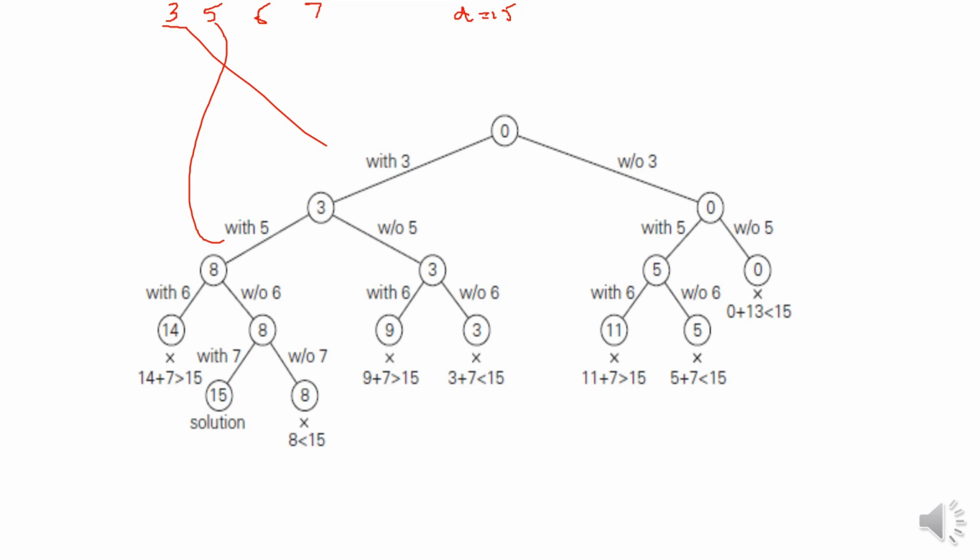Next, I have the promising node where 8 has still not reached 15. So 8 is less than 15. So I consider the next element, that is 6. So when I add 8 plus 6, I get 14, and 14 is less than 15. Now you see whether you can expand this node.